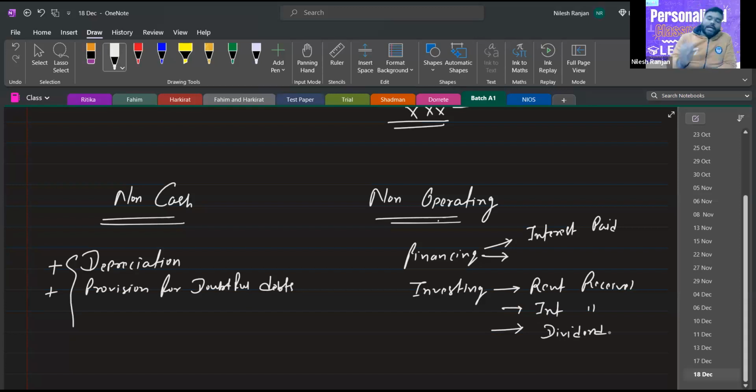So these are non-cash and non-operating items. Okay, so we have to consider only cash items and from the operating activities. Okay, so we'll discuss the balance part in the next class. If you have any doubt, you can ask questions.